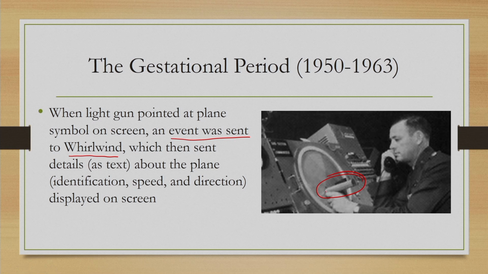The operator is pointing the pen on the screen where an aircraft symbol is shown, and once the pointing is done, the system sends a message to the overall Whirlwind system, which had all the information, which is sent back to the interface to be seen by the operator.